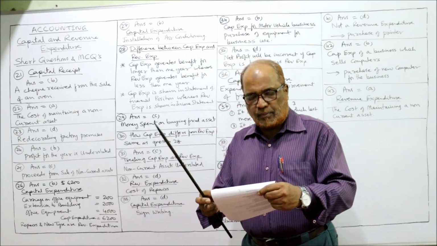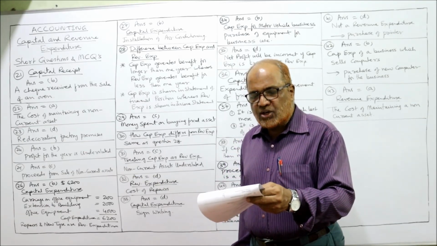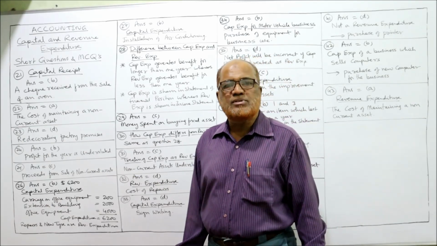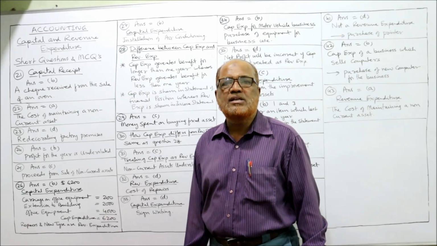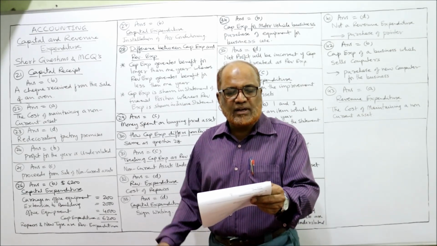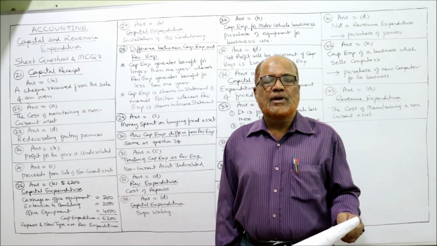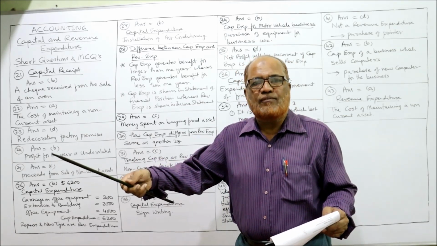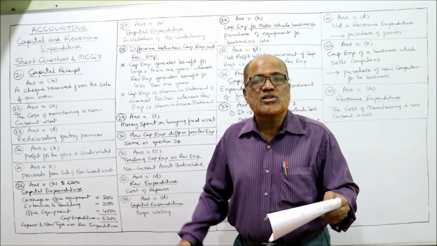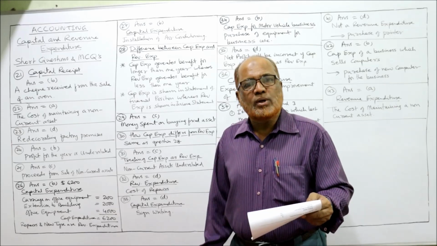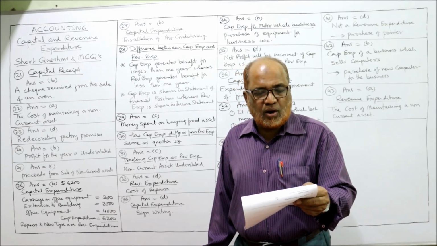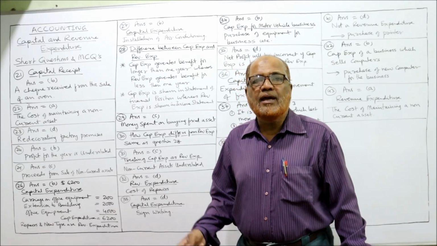Now 27th problem. Which transaction is a capital expenditure? Again MCQ. 4 options are given. Decide which is capital expenditure. First one, disposal of a computer. When a computer is disposed of, it's a receipt, not an expenditure. So ignore. Then installing of air conditioning.